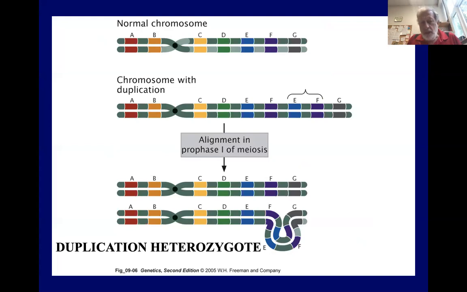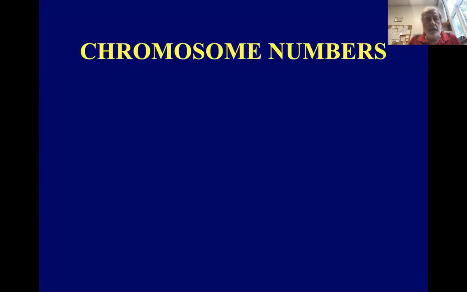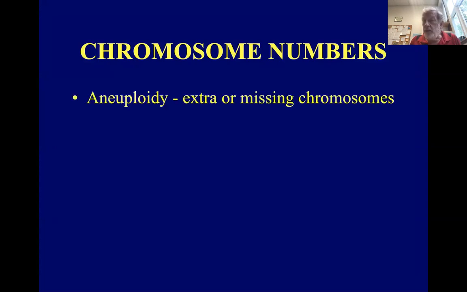So this shows you a duplication heterozygote, again, where there's a meiotic bulge. So let's now look at changes in chromosome numbers. We're not dealing with the structure of individual chromosomes anymore, but the numbers of chromosomes. Aneuploidy is extra or missing individual chromosomes.